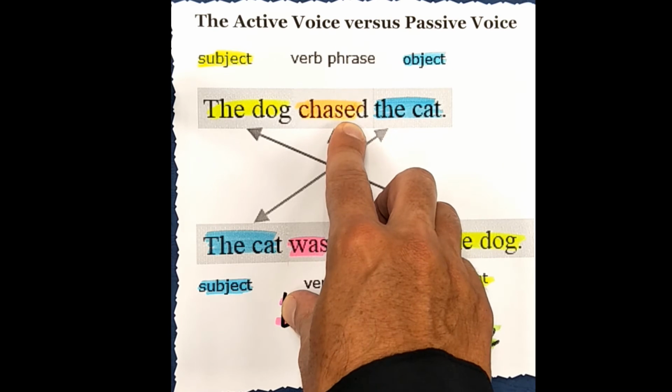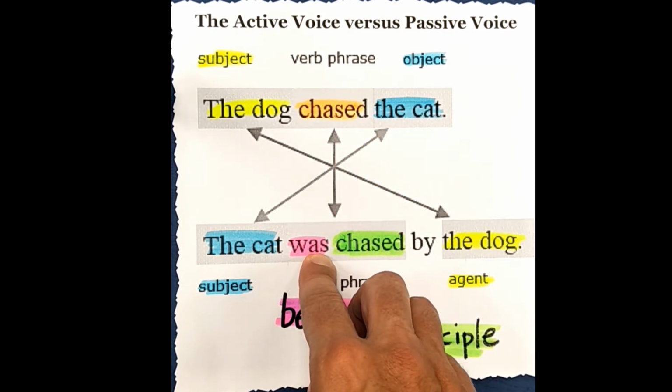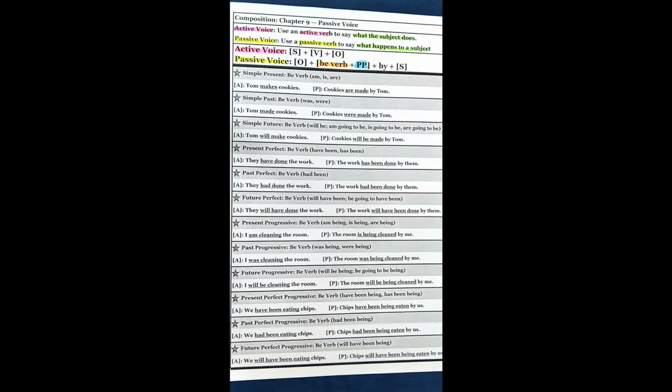Chased is simple past, so we use the simple past be verb. All right, so the dog chased the cat. That is in the active voice. The cat was chased by the dog. That is in the passive voice.